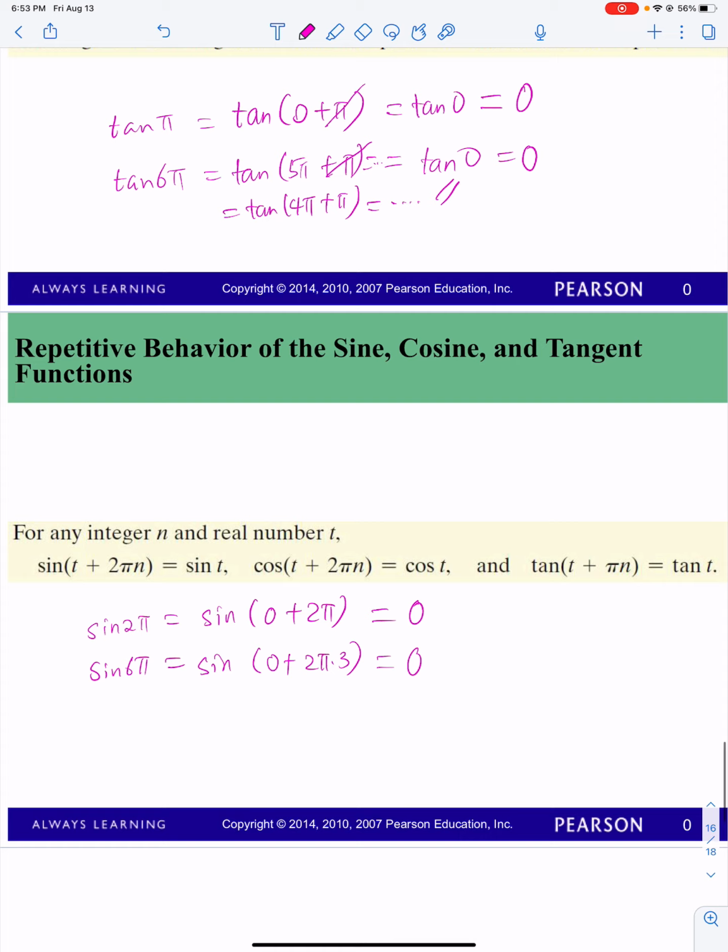When you know this formula is plus n pi, what will be tangent of 6 pi? It's the same as tangent of 0 plus 6 pi, because the period is pi. So it's directly equal to tangent 0. Okay, so this is this section.